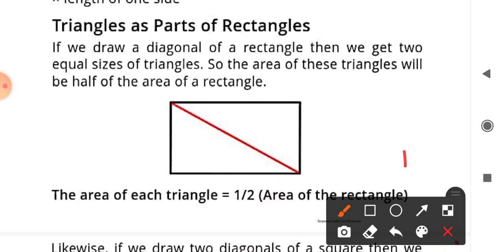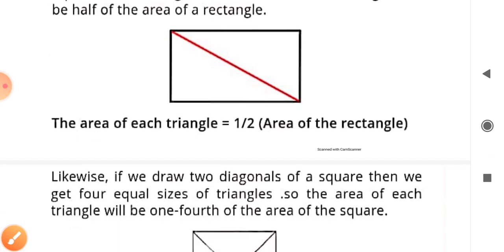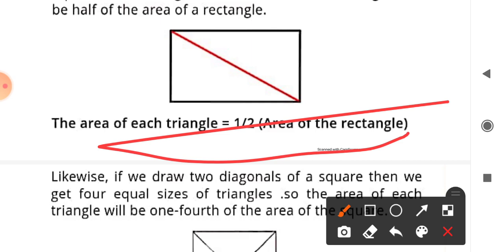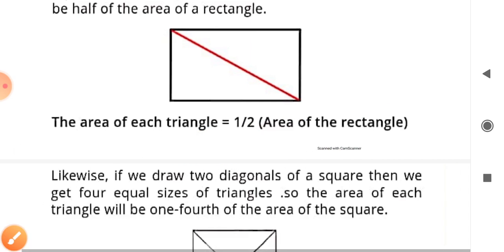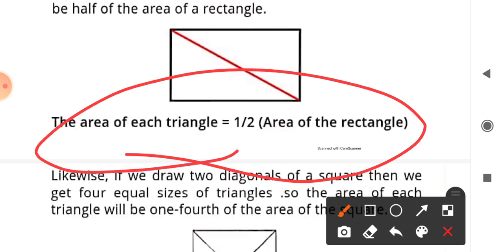It's a formula you can use simply. Most questions can be done this way: area of each triangle is equal to half of the area of the rectangle. This concept is very useful for finding answers to many questions.